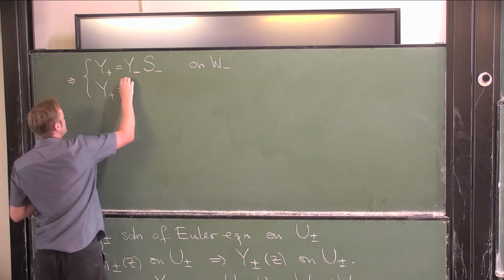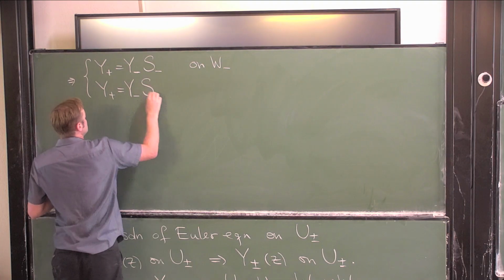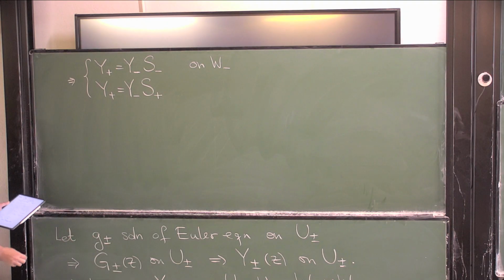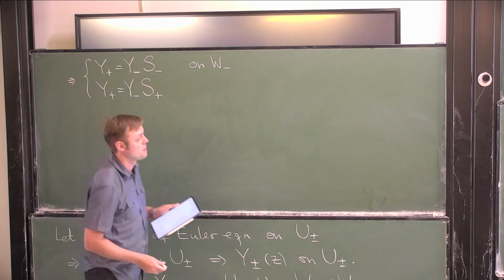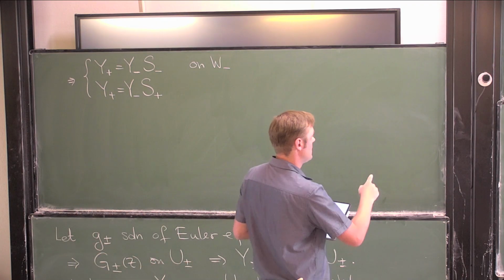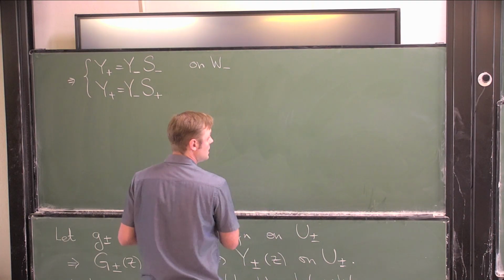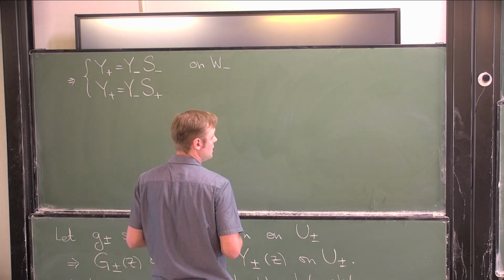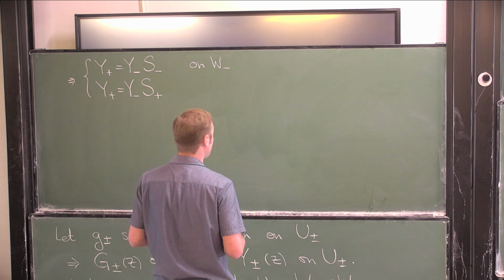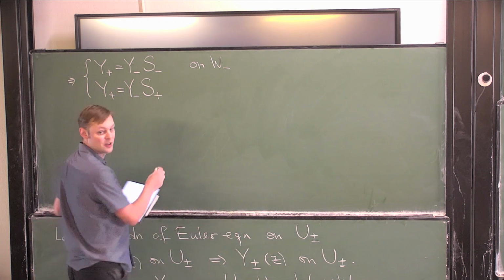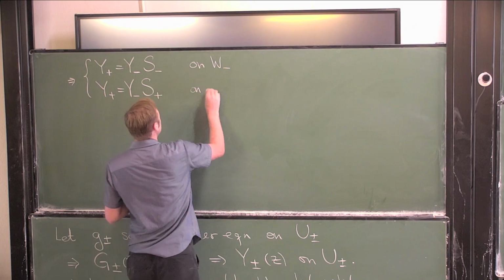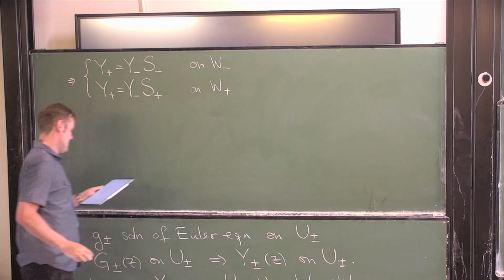And on the other end, y plus is the same as y minus. But that's not the right ordering because we define it as y minus inverse, so it should go on the other side. No, my bad, I think this is okay. I confused myself. Sorry. That's okay, I always confuse myself with this as well.